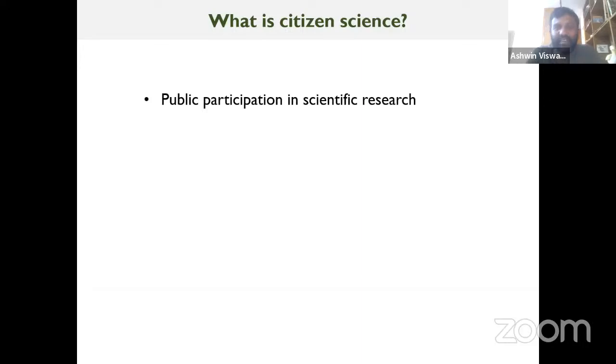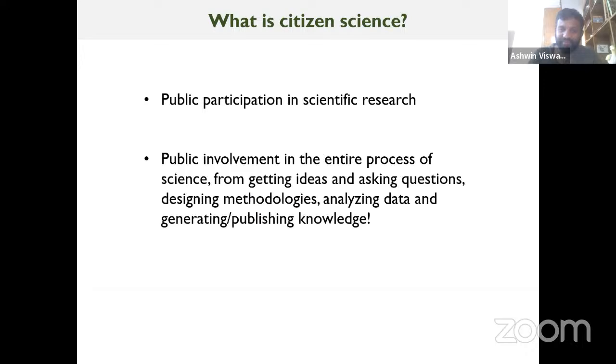Typically, we have scientific institutions and professional scientists whose professional lives revolve around doing research. But citizen science is a growing field that developed after we realized as a community that when everybody participates in scientific research, there is much more that we can learn, because everybody has the capability of being a scientist.